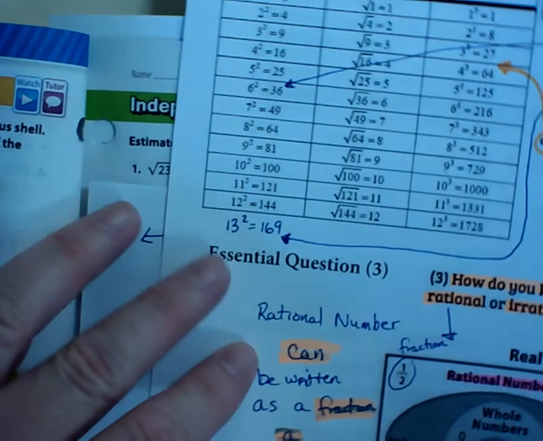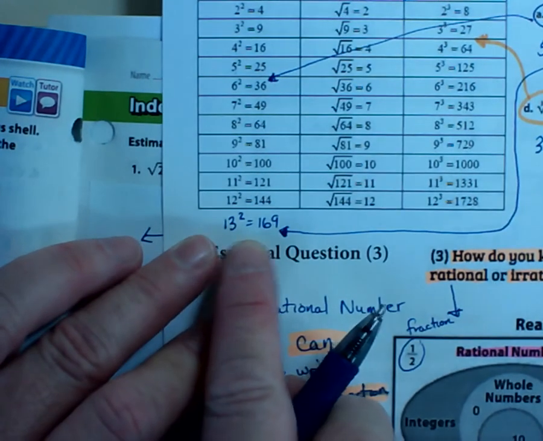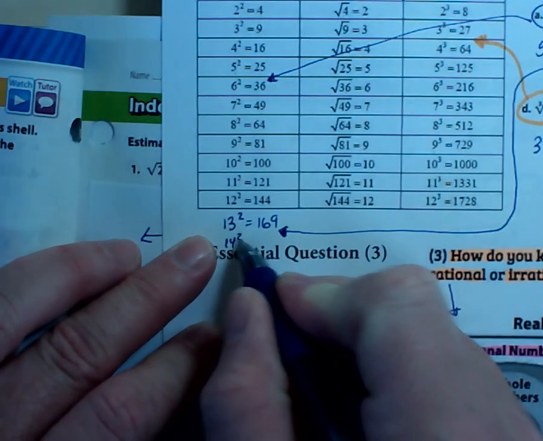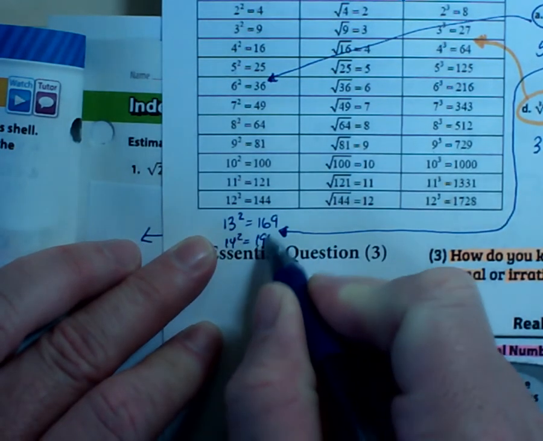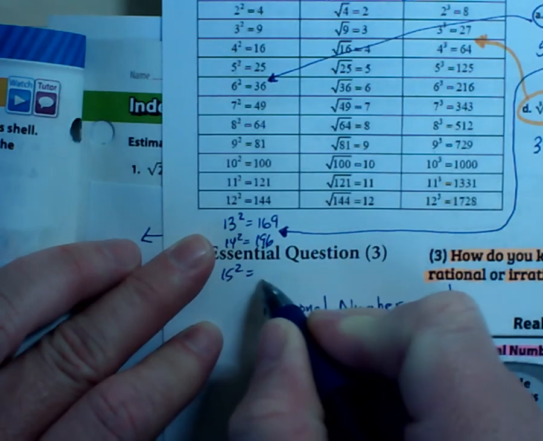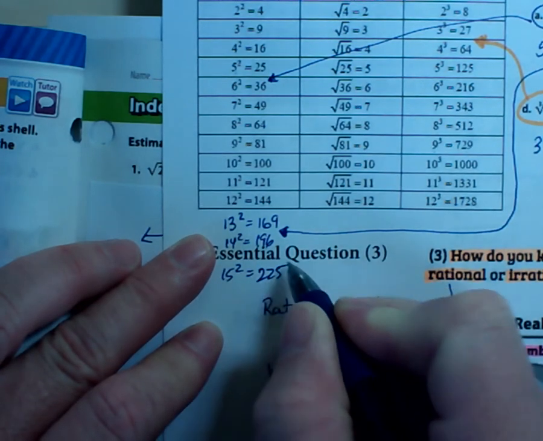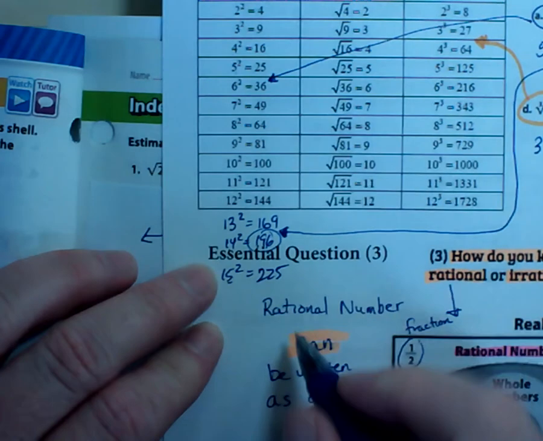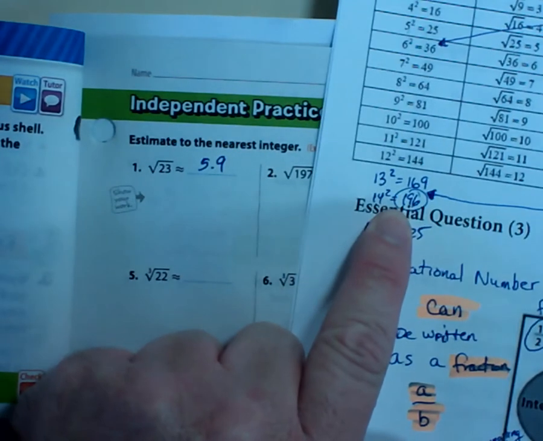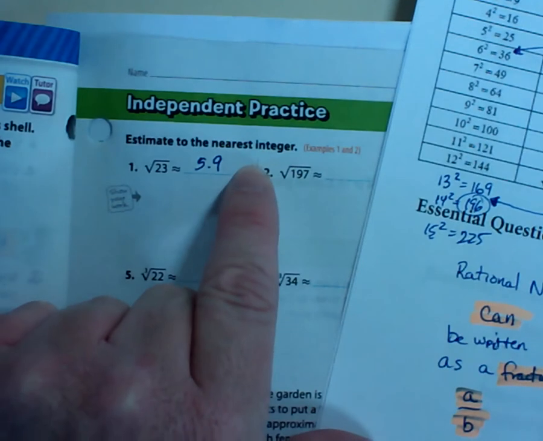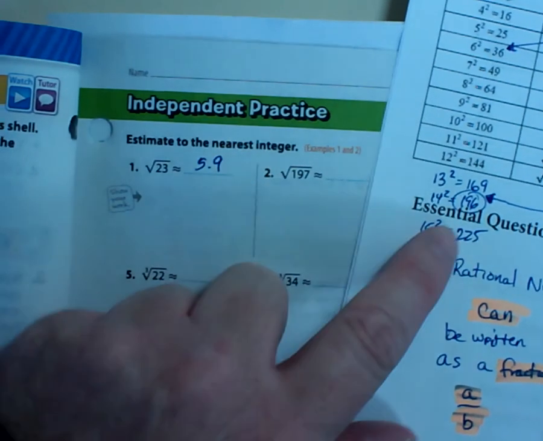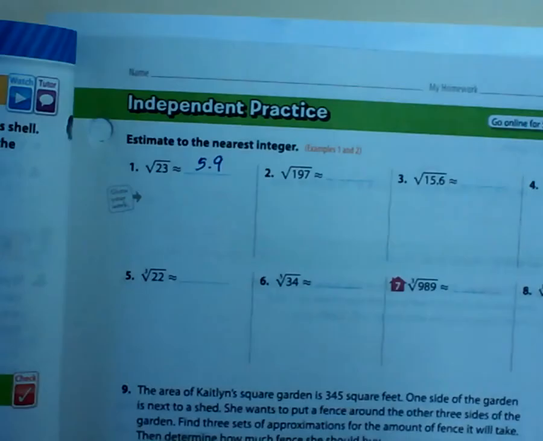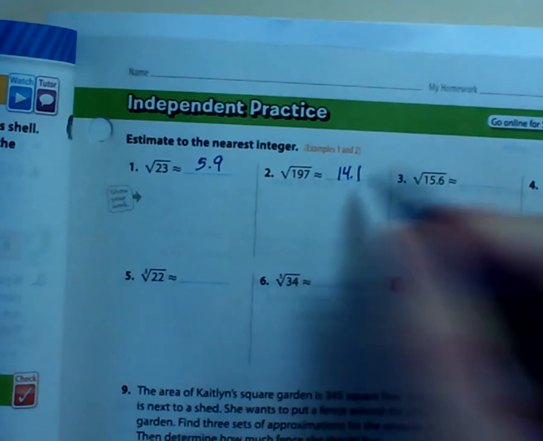So if I go out here, 13 squared is 169, 14 squared is 196, and 15 squared is 225. So we're really close to 14 here. If 14 squared is 196, then this has to be slightly bigger than 14. It would definitely be 14.1.